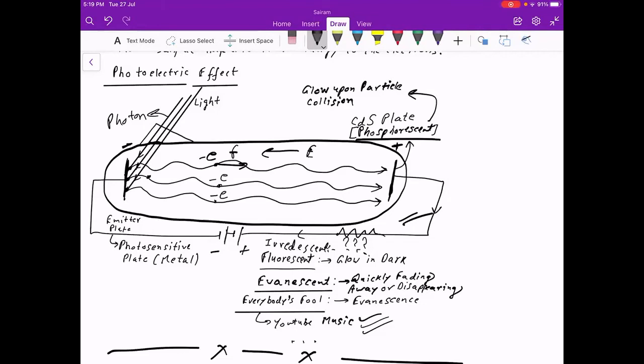It is the light which shines on the metal, which provides the majority of the energy required to get the electron out of the plate. And then the rest, it can have a kinetic energy, which will carry it to the positive plate. Also, the positive plate will attract it, or it could have zero kinetic energy. Still, the positive plate will attract it. That's how it sort of works, right?